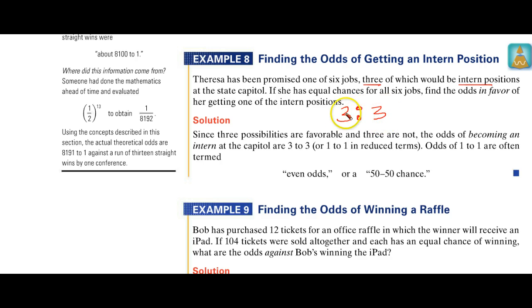So we say the odds here are even, and often they use the expression a 50-50 chance. Now, if we looked at that in terms of probability, it would be 3 out of 6. But in odds, it's 3 out of 3. Well, remember, the total of this equals our sample space.